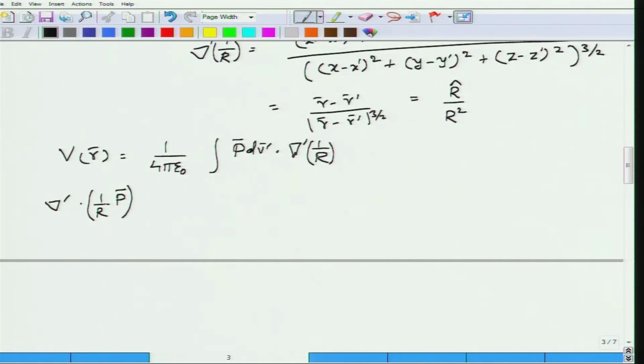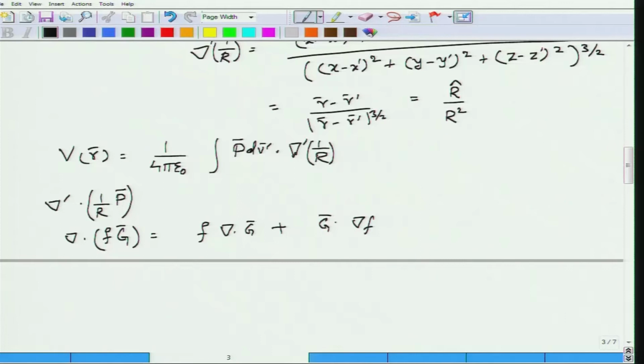So, del prime dot 1 by r p, p is a vector, 1 by r is a scalar, right. So, if I have a scalar function f and a vector field g, then del dot of fg is actually f del dot g plus g dot gradient of f. Does it make sense?